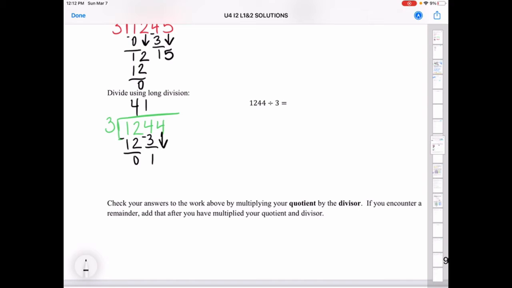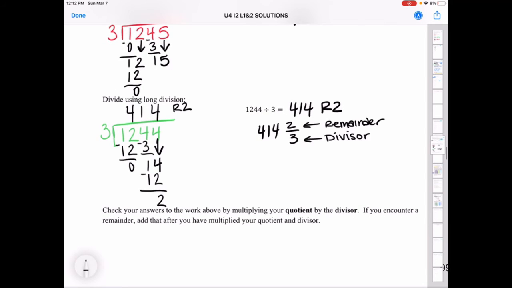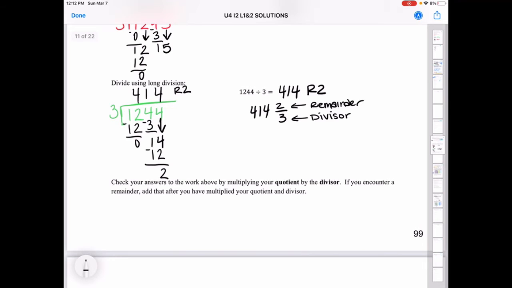I'm going to bring down this 4, and 3 goes into 14 4 times because 4 times 3 is 12. Subtracting 12, I have a remainder of 2. Another way to write this is as a fraction: 414 and 2/3. So your remainder is always going to be your numerator. Your divisor is always going to be your denominator.